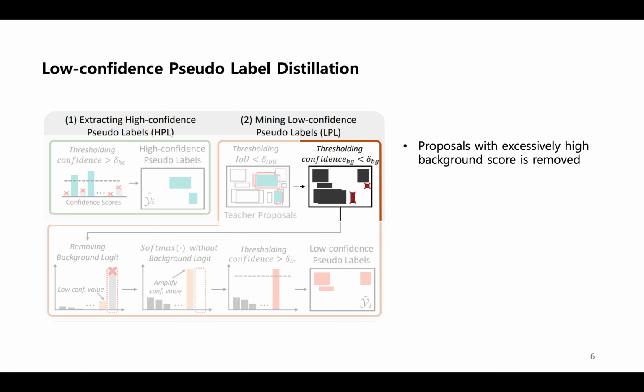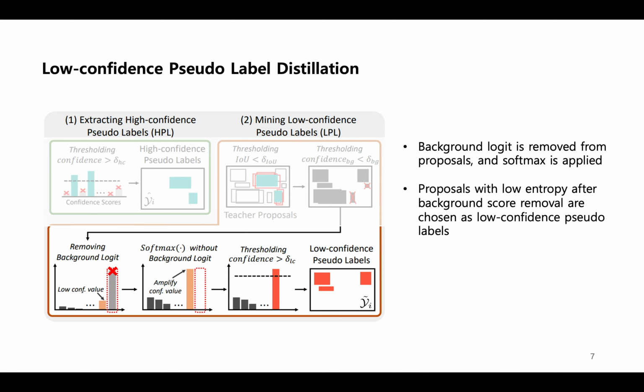And then we remove the proposals with excessively high background score, such as 0.95, 0.99. The background logit is removed from proposals and softmax is applied. And proposals with low entropy after background score removal are chosen as low confidence pseudo labels.